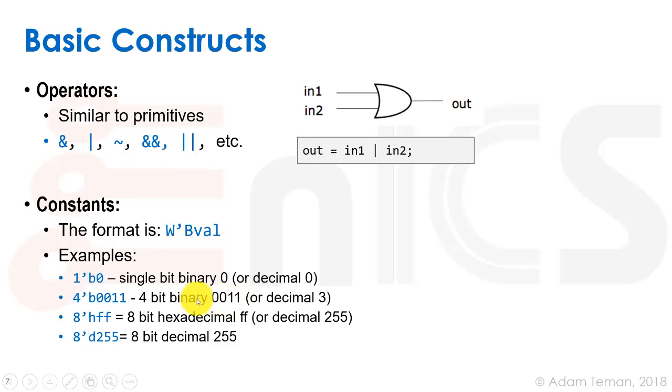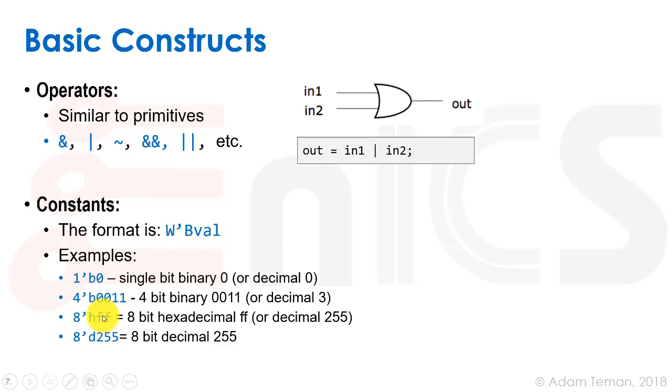or if it's in decimal, that would be 3. Okay, often if we are using binary encoding, we get these very long words, so we want to use hexa. With hexa, we just take every 4 bits of binary and turn it into 1 hexa digit. So we can write 8 because this is going to be 8 bits. So this number is how many bits we have in the vector. 8 apostrophe H for hexa.